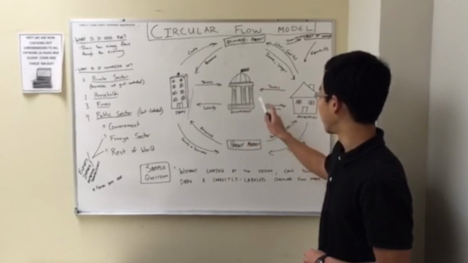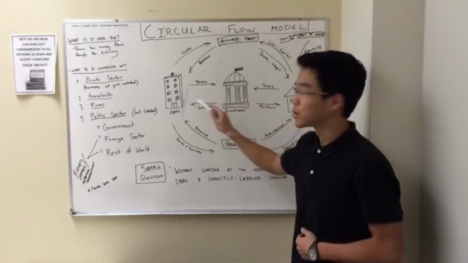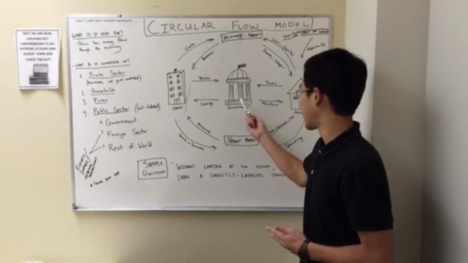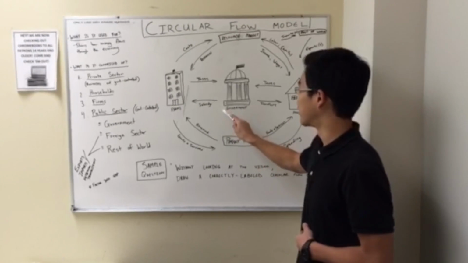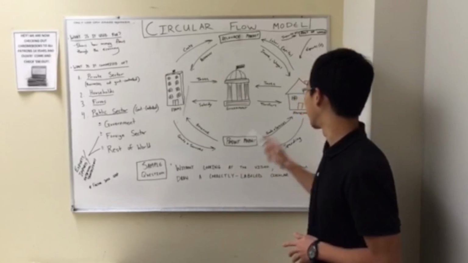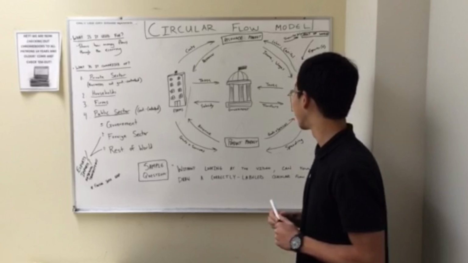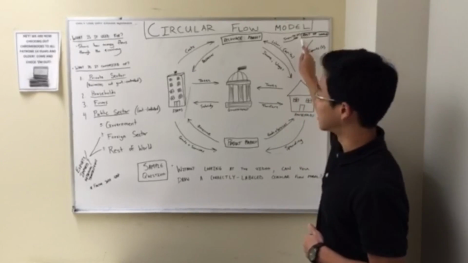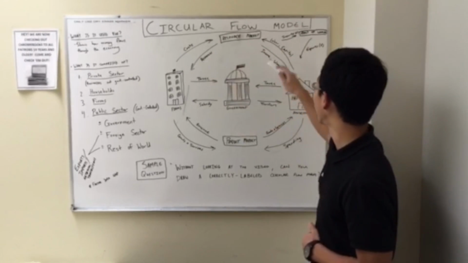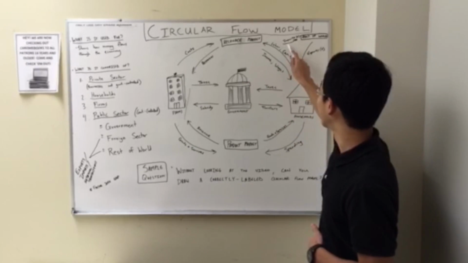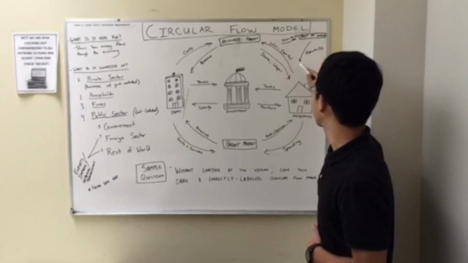Government in the middle, both households and firms provide it with taxes, and in contrast, the government will provide firms with subsidies and provide households or just consumers with transfer payments such as welfare. The rest of the world is outside of this model, but it is included in such that imports go out and exports come in.